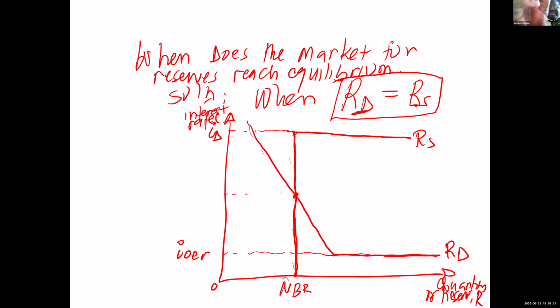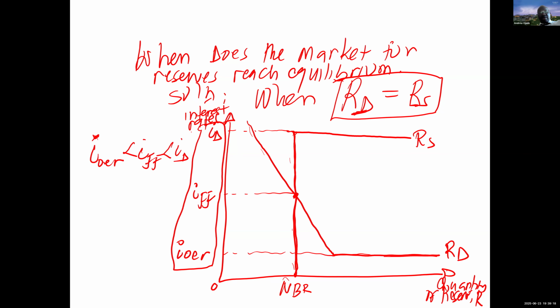This determines your equilibrium federal funds rate. Now you can see clearly that the interest rate on excess reserves is less than the federal funds rate, and the federal funds rate is less than the discount rate. They're all represented there on this vertical axis.